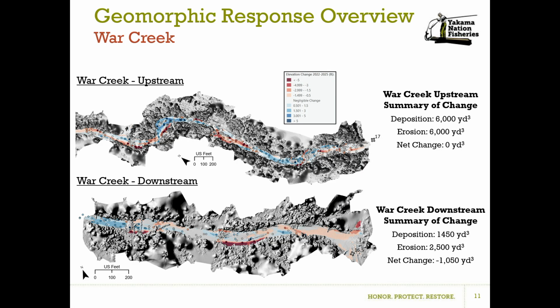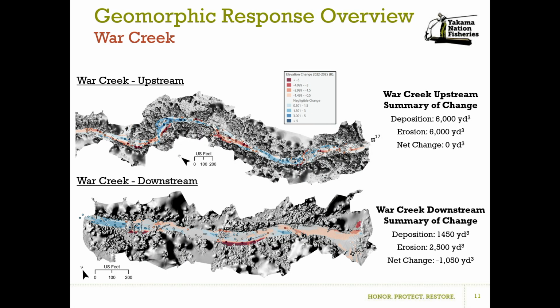And we did do some summary statistics on the quantities, and surprisingly enough, the War Creek project area, which is upstream of the Eagle Creek fan, which I don't need to get into, had a net change of basically 0, which was actually, I think, somewhat unique and surprising. And then the Lower Creek area downstream, we actually see a net loss of about 1,000 cubic yards of material.